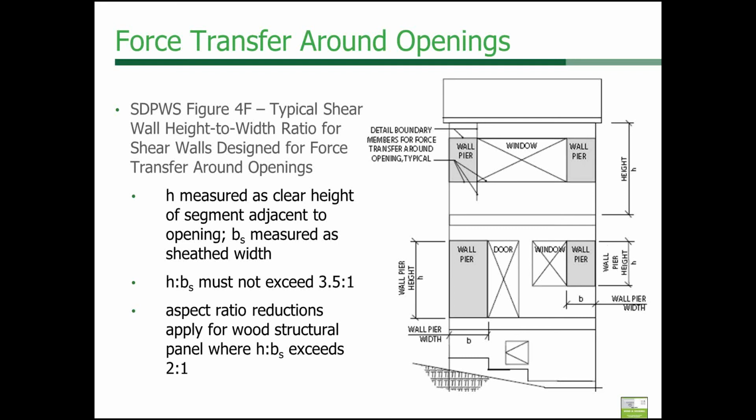However, and the one thing I should note is for both of those two types of shear walls, for example, if this shear wall here did not meet that aspect ratio, but this shear wall did meet that aspect ratio, then that reduction would only be applied to the pier that did not meet the aspect ratio.